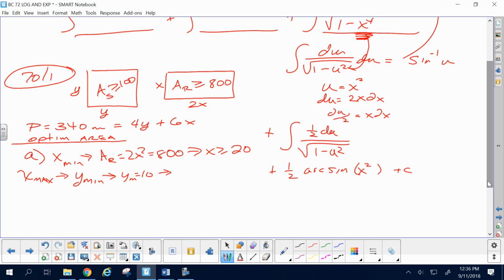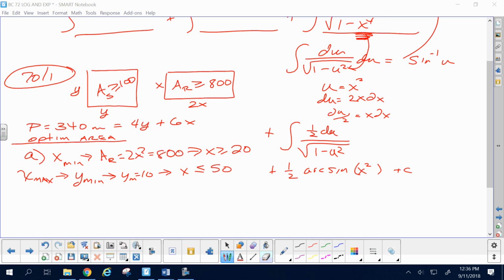Therefore, x max is 50. So, a y min implies an x max. X is less than or equal to 50. X has to be between 20 and 50 in order for the area conditions to be working. All right, so that's part A.